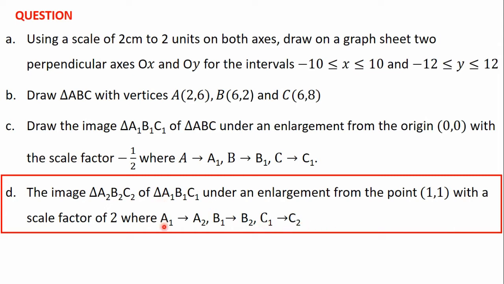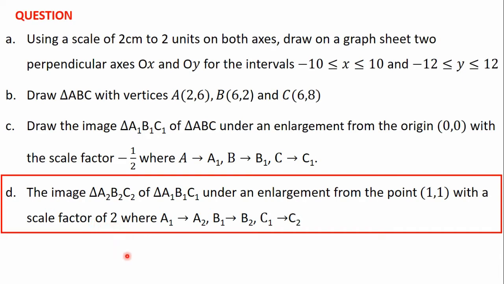So we are going to enlarge the point A1 to get A2, then we will enlarge the point B1 to get B2, and we will enlarge the point C1 to get C2. But this time, the center of enlargement is not the origin with coordinates 0, 0. The center of enlargement is the point 1, 1, and we are using a scale factor of 2.